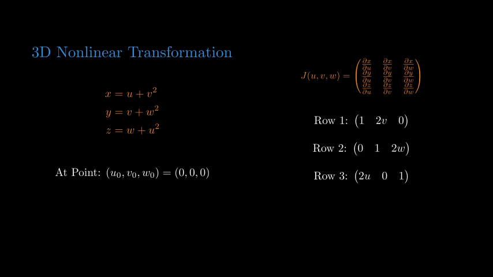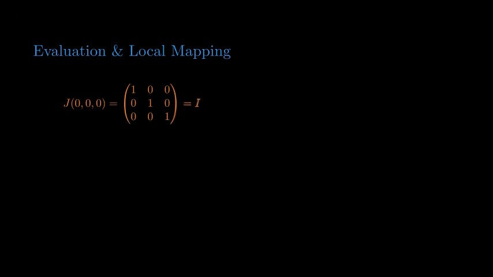Next, we evaluate this Jacobian matrix at the point where u, v, and w are all 0. Substituting zeros into our matrix, the top row becomes 1, 0, and 0. The middle row becomes 0, 1, and 0. The bottom row becomes 0, 0, and 1. This gives us the 3 by 3 identity matrix.